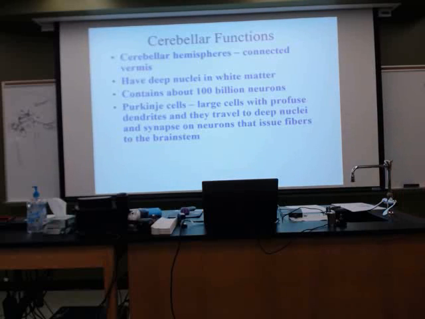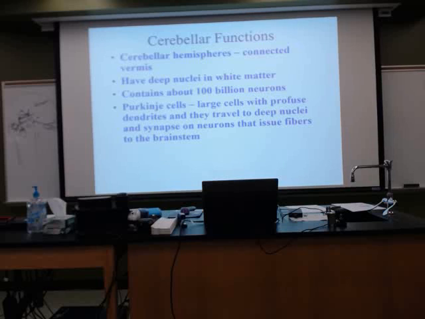We have hemispheres that are present. Just like we had a left and a right for the cerebrum, we have a left and a right for the cerebellum. This time, do you remember how we had the connection between the left and the right cerebrum with the corpus callosum?